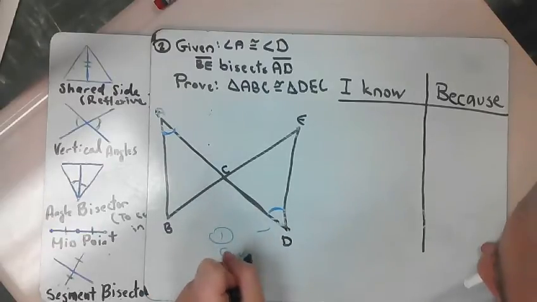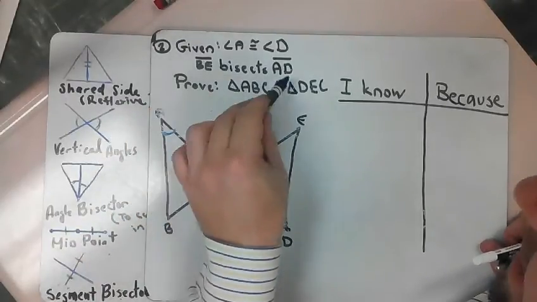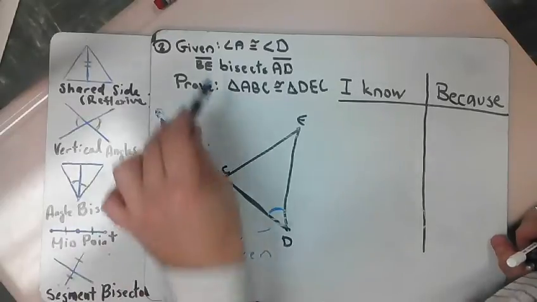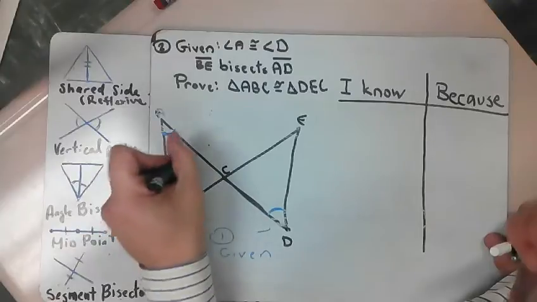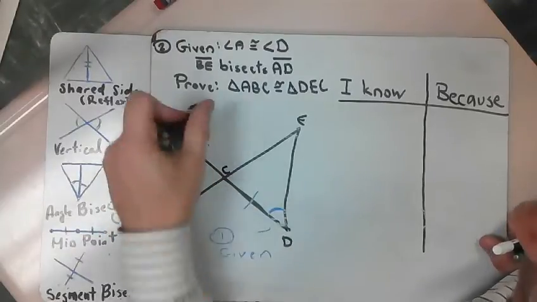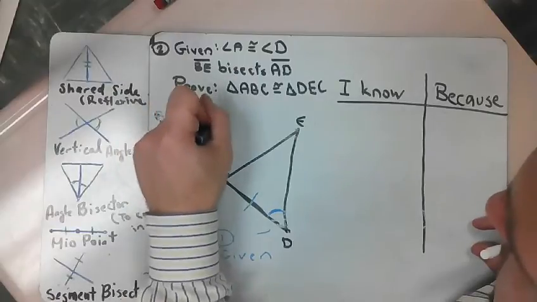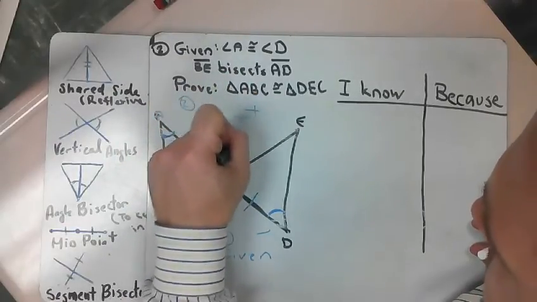That is given. Then BE bisects AD. So this is a segment bisector. BE, this line, is cutting AD in half. So I could say that this, line 2, segment bisector.